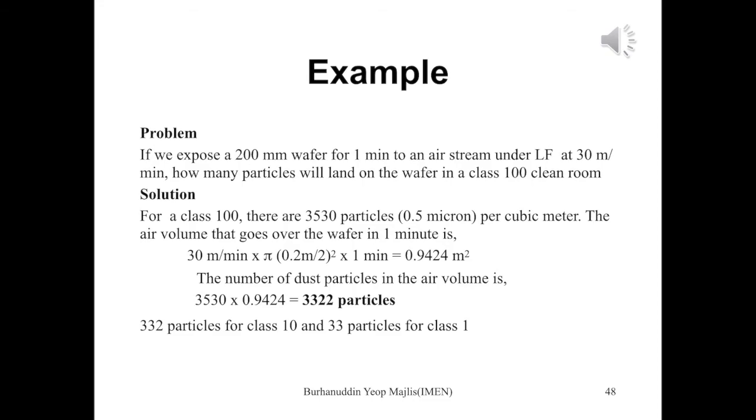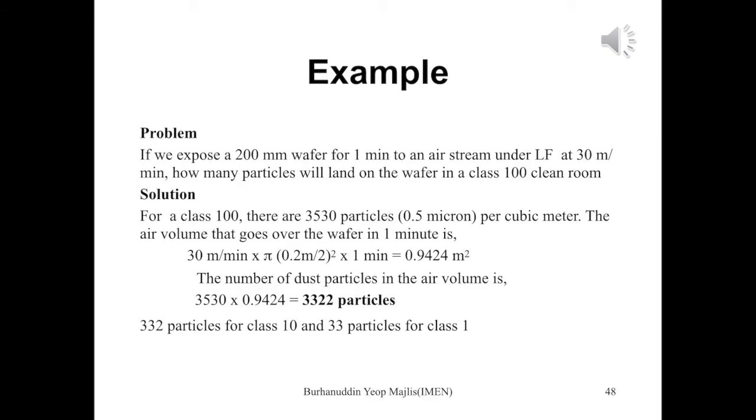So we get 0.3425 cubic meters. So the number of dust particles in the air volume is the particles in the clean room, 3,530, multiplied by 0.9424, and then we get 3,320 particles in class 100.